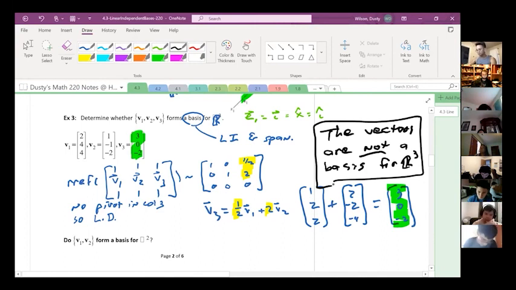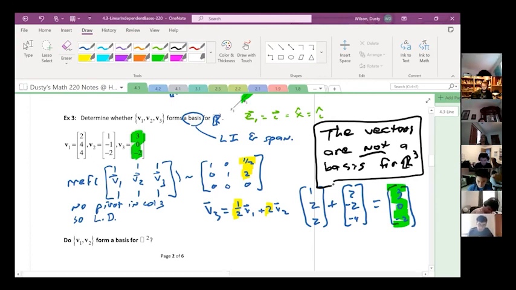Okay. Questions so far? So you might say to yourself, it looks like this green one, V3, is linearly dependent.